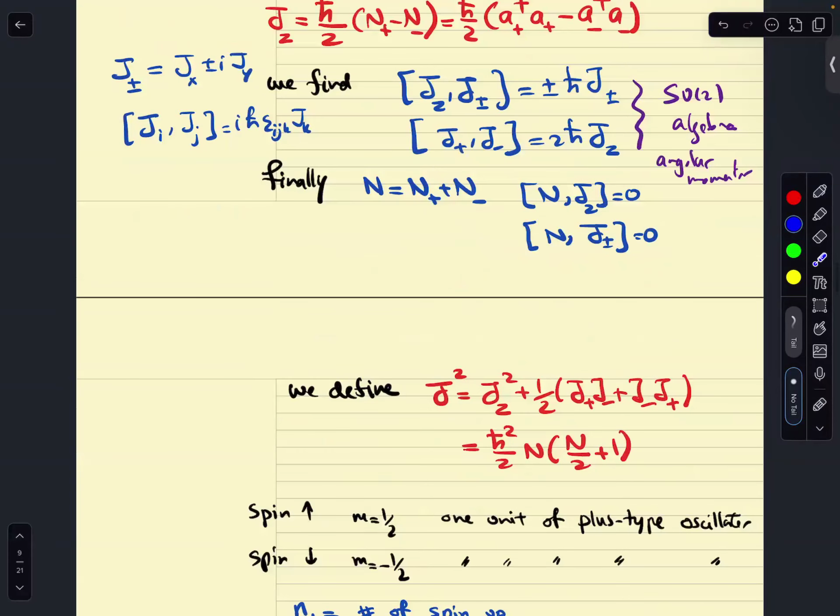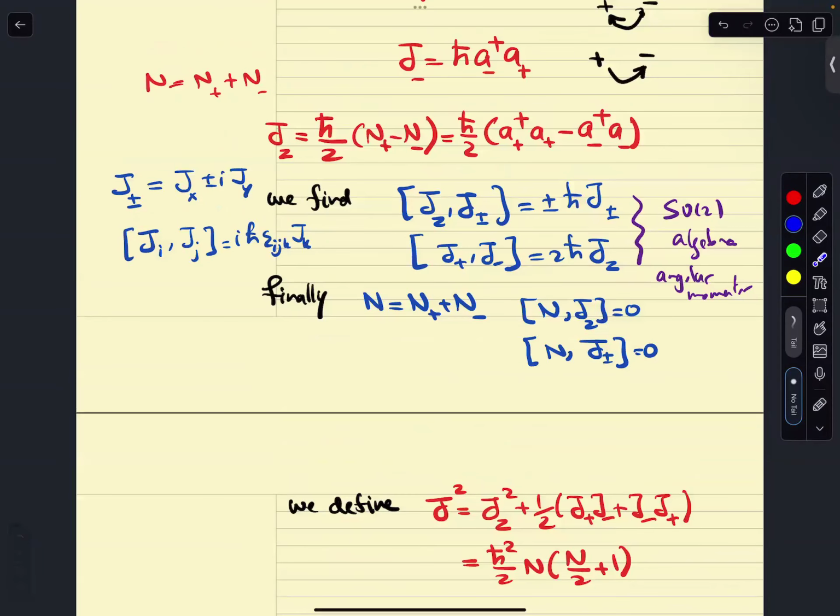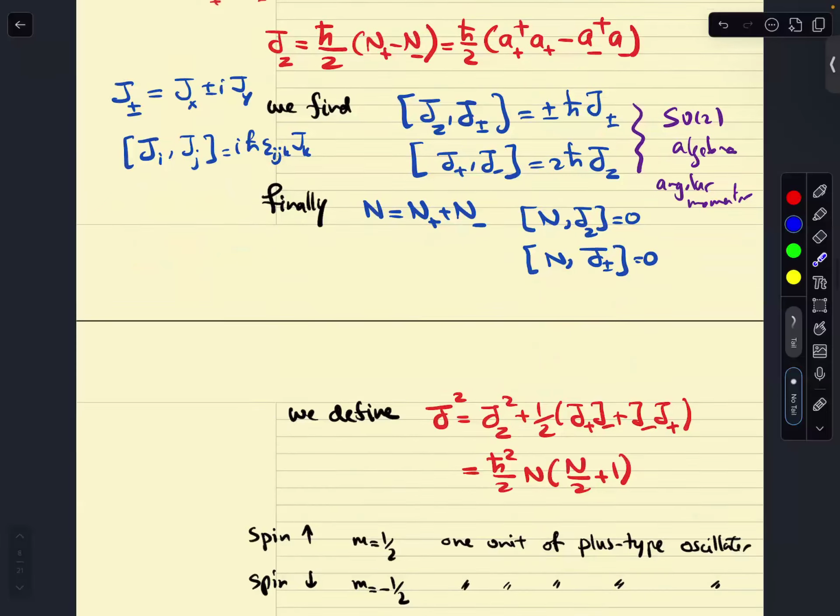All right. So how do we think of this? I'm going to make another pause before trying to give you a physical picture, a physical way of thinking about this. Are the algebraic relations clear? Okay.